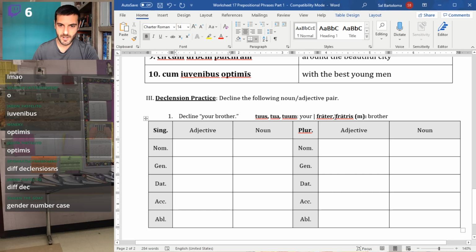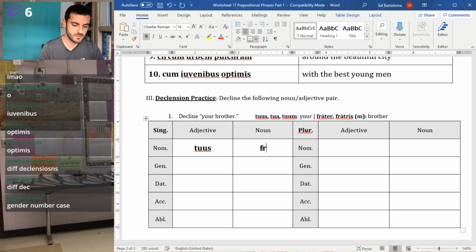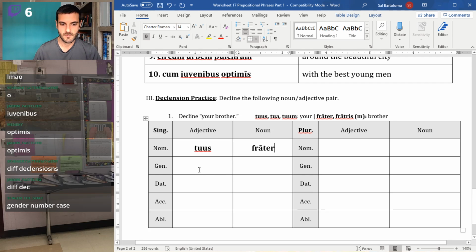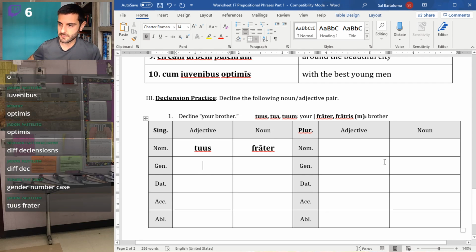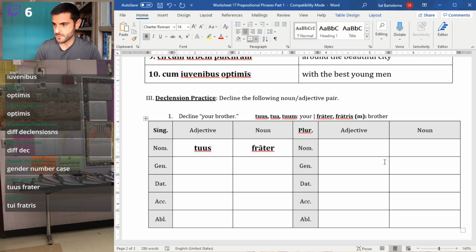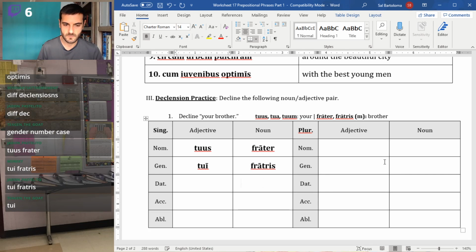All right, and just to make sure that we keep the juices flowing here, we have the masculine noun frater, meaning brother. So tuus, tua, tuum. We are, of course, going to use tuus. Tuus frater. What would my genitive be? You guys keep them coming. Different declensions, right? Tuus is going to be second declension. Frater is going to be third. Tui fratris.